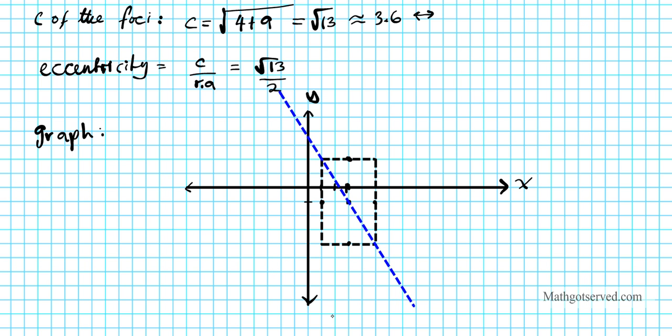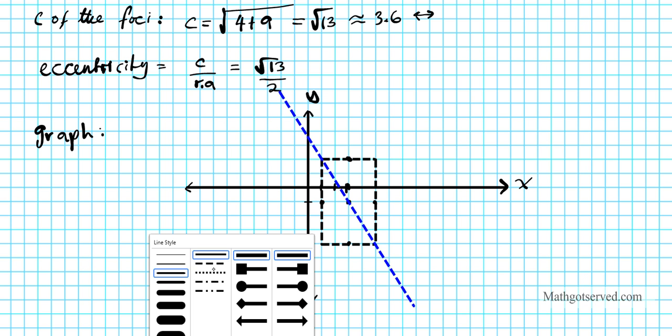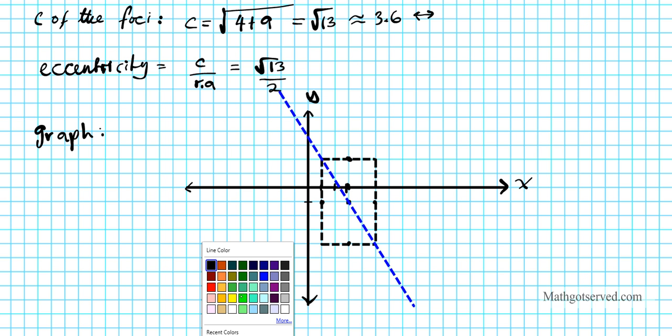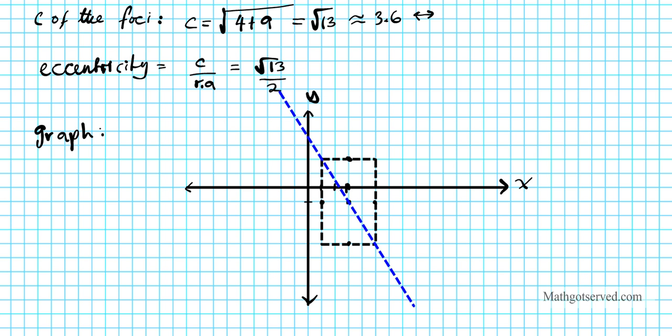And then the second asymptote goes through the second set of vertices. Dotted line again, let's make it blue. We draw it through the vertices like this.